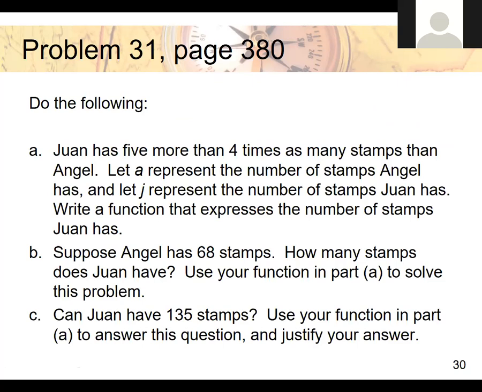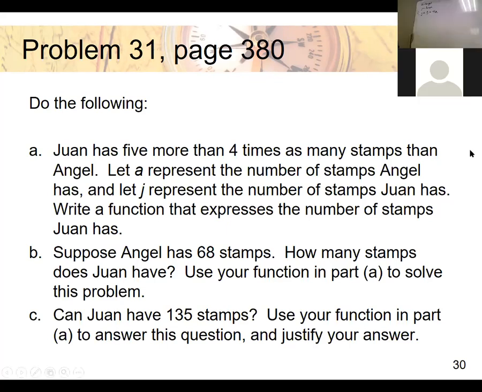The word "more than" as a mathematical operation means plus. 4 times as many stamps as Angel, so that's going to be 4 times the number of stamps Angel has, which will be A. So J is equal to 5 plus 4A. That's part A, writing this as a function.